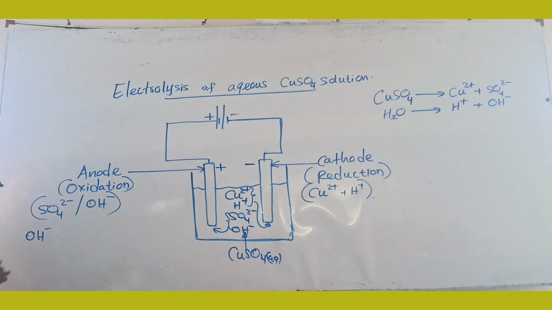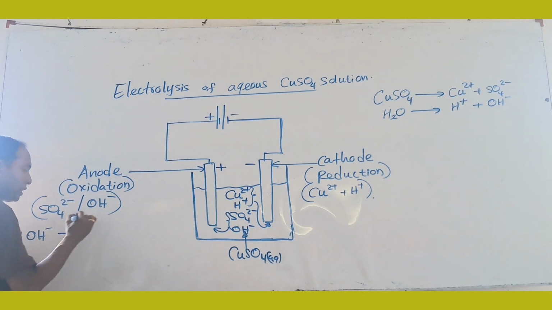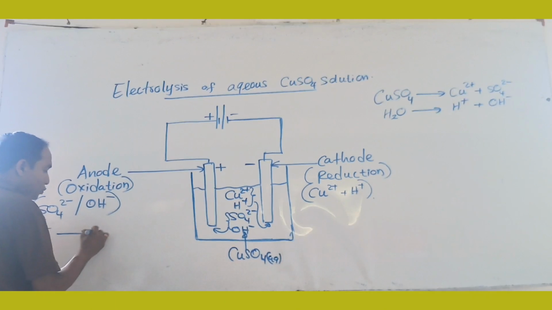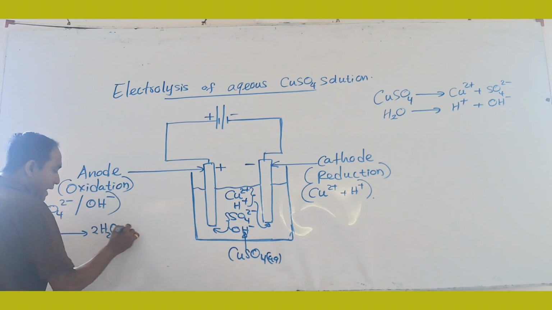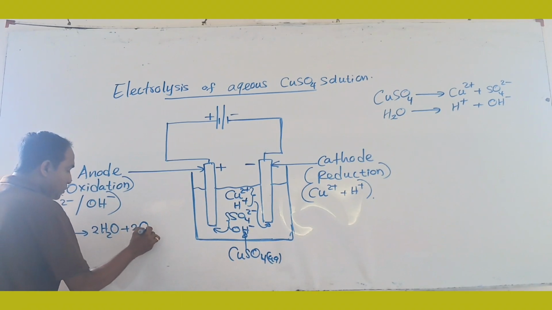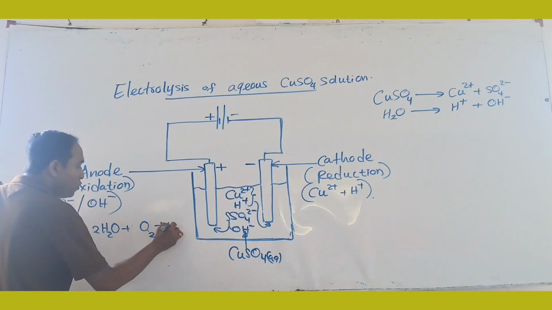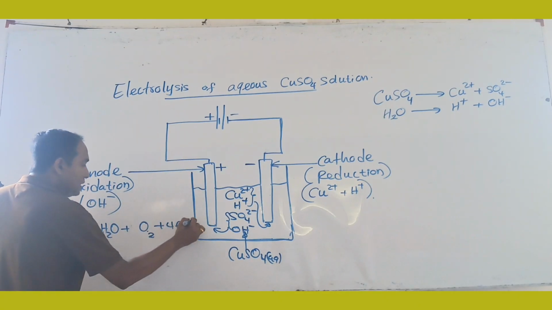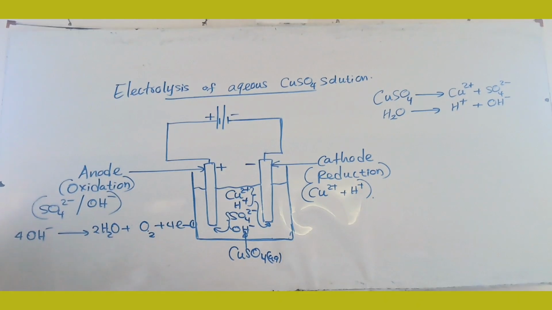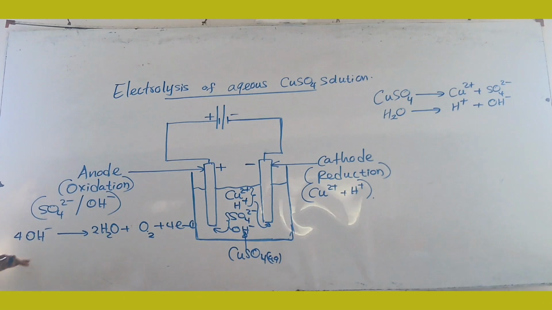4 hydroxide ions form 2 water molecules and 1 oxygen molecule by losing 4 electrons. This is the oxidation half reaction. I write the balanced chemical equation. Right.